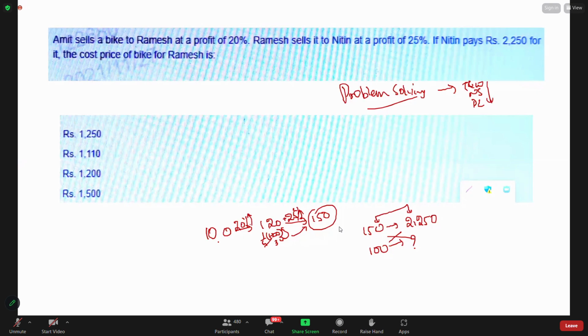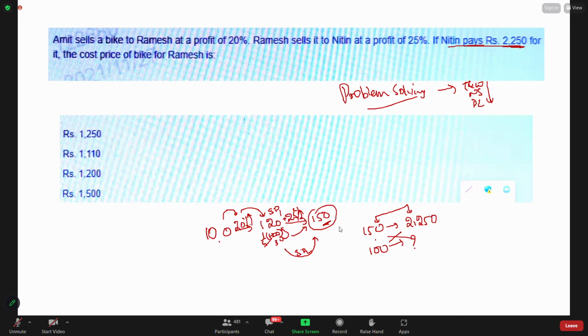So we are considering the cost price to be 100. And then with a 20% increment, it went to 120 selling price. This is SP1. And then again a 25% increment to SP2. 25% of 120 is 30. So we add them both, and we got SP2. Now the question says Nitin pays 2,250. That is, SP2 is 2,250.